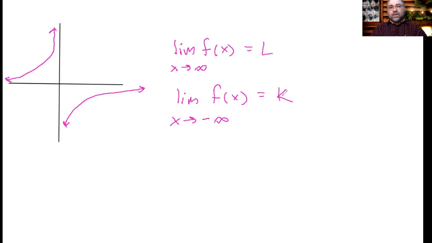The horizontal asymptote actually can be crossed up to and including infinitely many times. It's not a line that it can't cross. It could cross it over and over and over again. These are horizontal asymptotes.